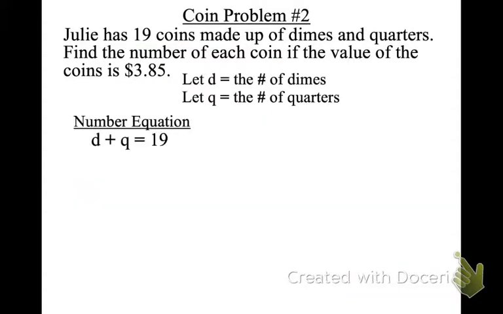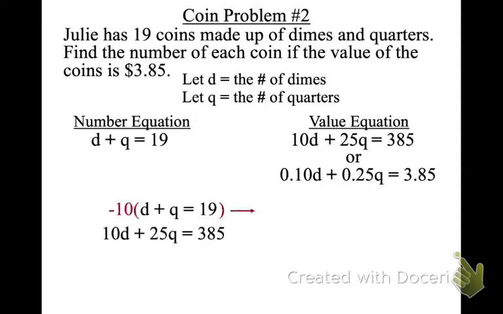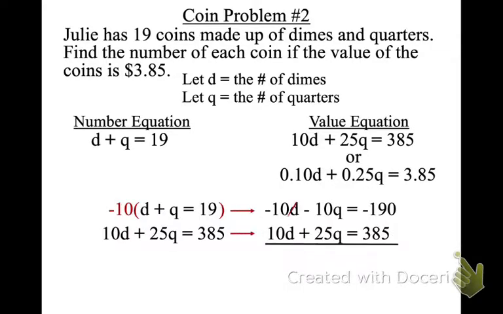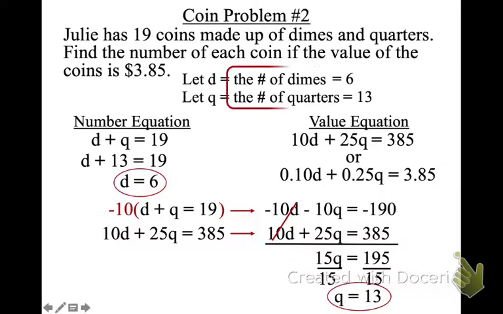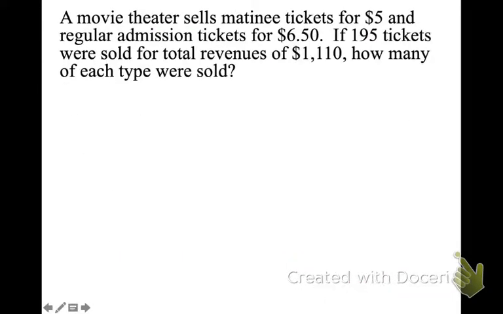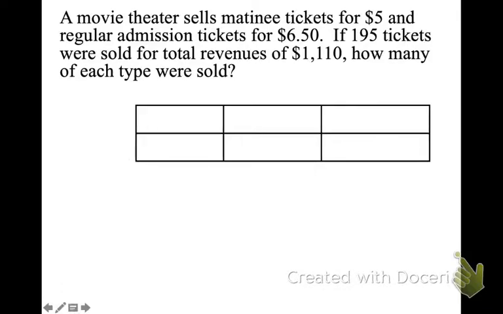All right, let's see. I want to do one more problem. That's another coin problem. We do have a ticket problem. It's exactly what we did before, so I'm going to just kind of show it to you. They do use the box here. I just thought the box is easy because we use it universally. We're comparing matinee tickets and regular admission. Matinee is the early show at like noon. Back when I was a kid, they used to charge a cheap rate for the early show.